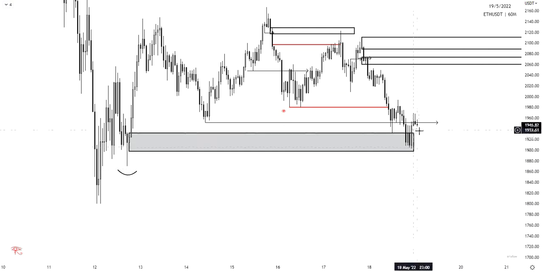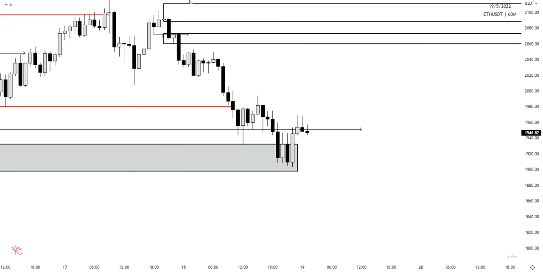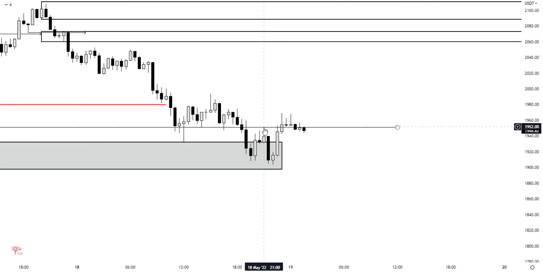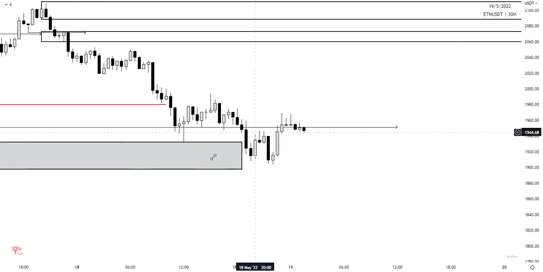So now we're looking at our most recent structure, right? I can see this high formed right here. If I go on the 30-minute, I can see a high, a low, that high taken out after a liquidity raid to the downside and demand mitigation.